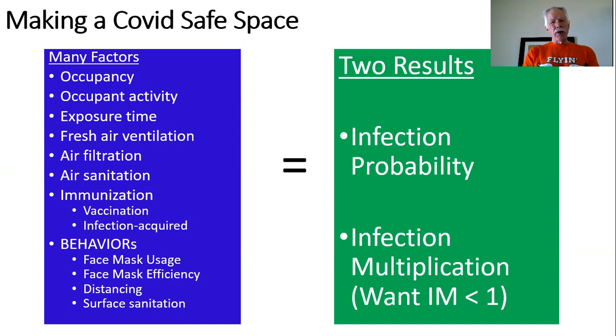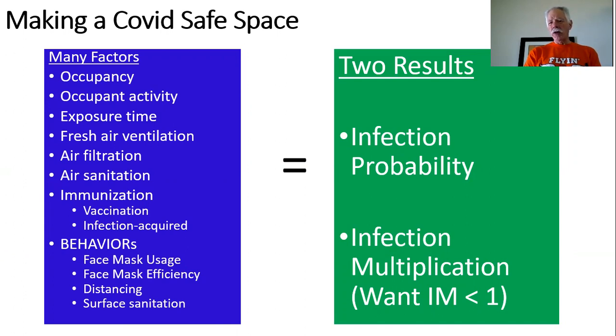And out of that interaction of inputs, we're trying to determine, relative to COVID-19, the probability that if you're a susceptible person, you might get infected if an infectious person enters that room. And also the likelihood that an infectious person will be successful in transmitting that to more than one other person.